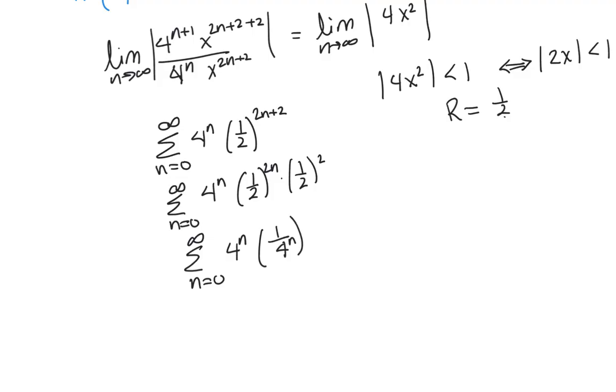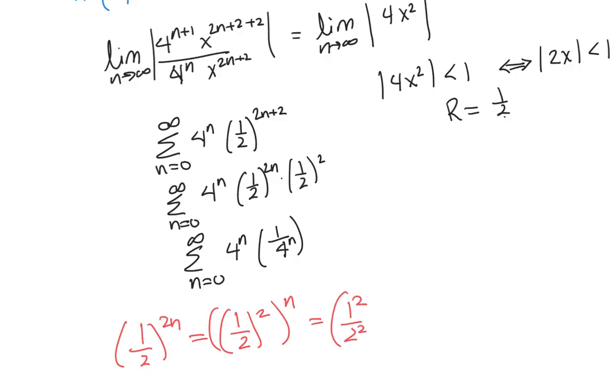And the reason this worked out, let me backtrack. If I have 1/2 raised to the 2n, this is 1 over 2 squared raised to the n, which gives me 1 squared over 2 squared raised to the n, which is 1 over 4 raised to the n, which is just 1 over 4 to the n.